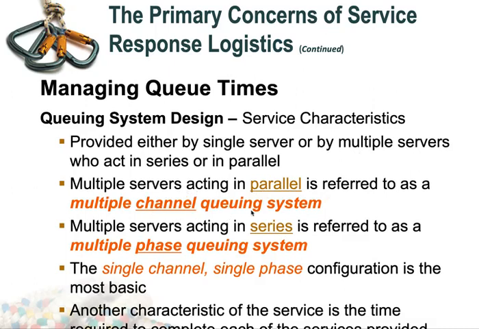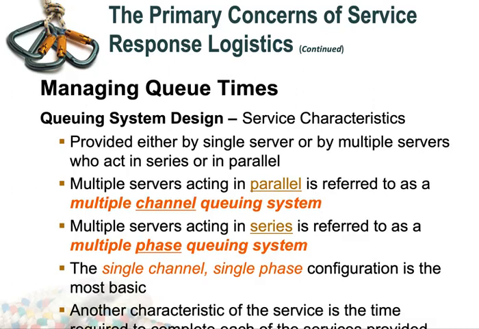In banking, we have, for example, five tellers. They are working in parallel, right? They can serve five customers at the same time. And multiple servers acting in series is referred to as a multiple phase queuing system. So we have, for example, five operators, and they work in series.